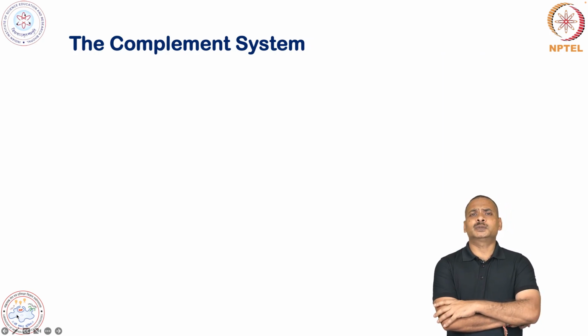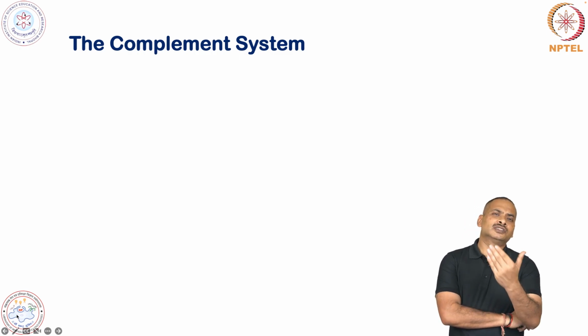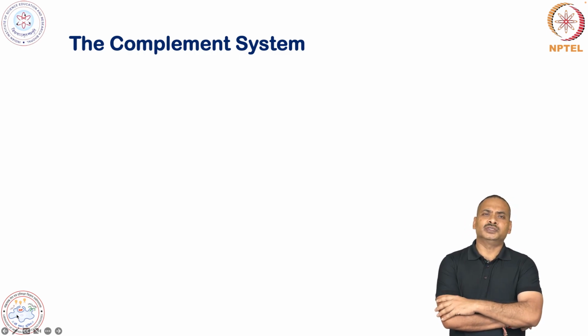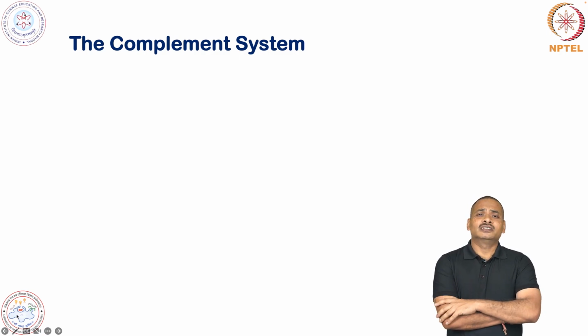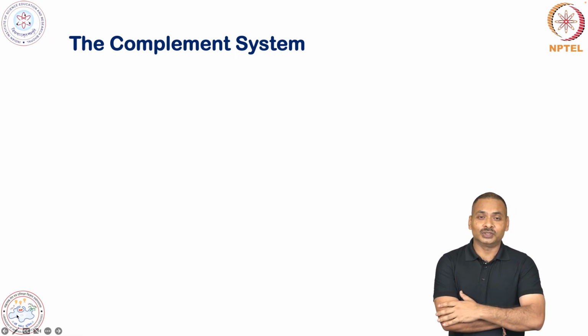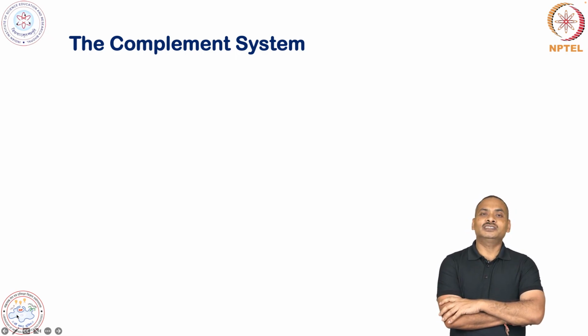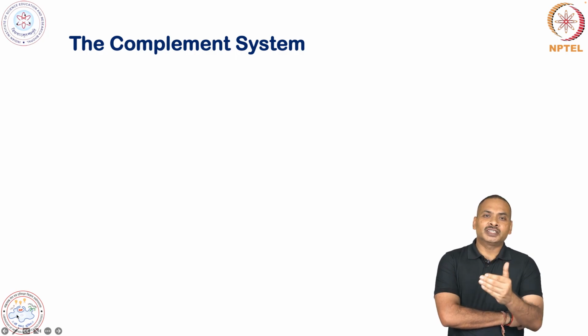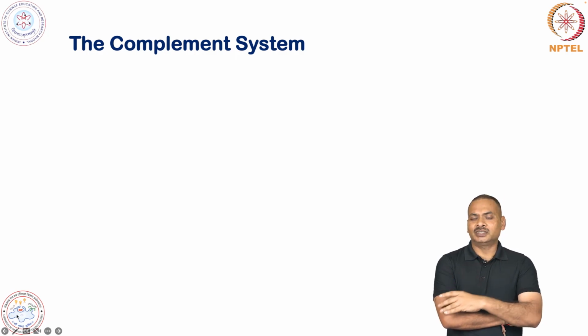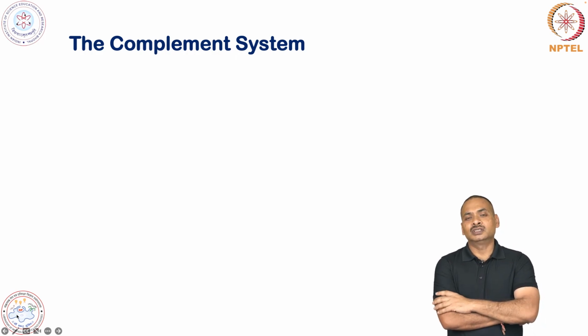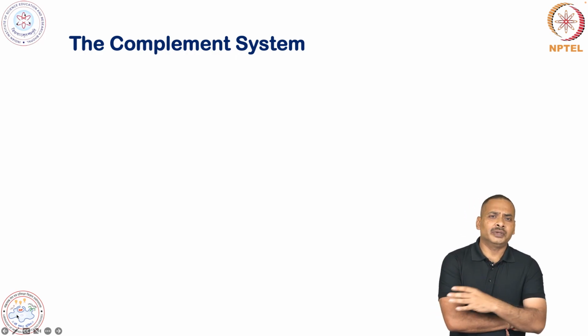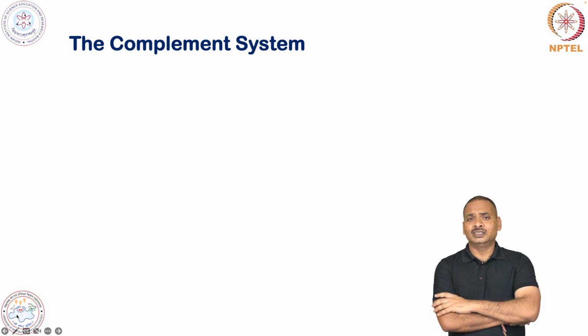Then around 1895, Jules Bordet initiated his experiments based on Pfeiffer's observation, and he was working in the lab of Emil Metchnikoff. You remember Metchnikoff, who discovered phagocytosis. His project was to investigate this Pfeiffer phenomenon extensively.